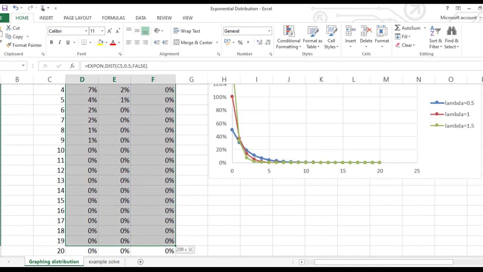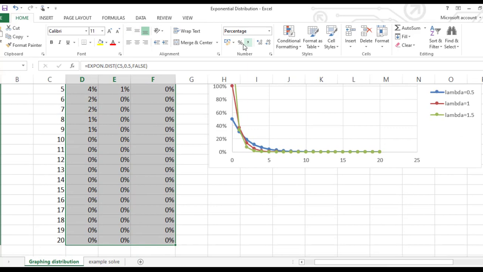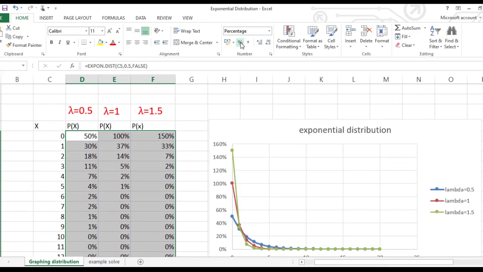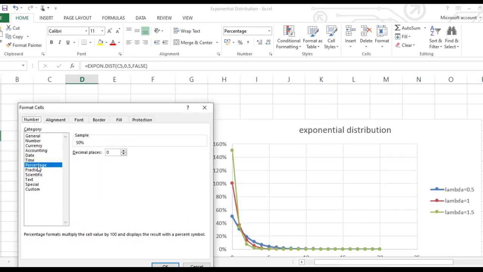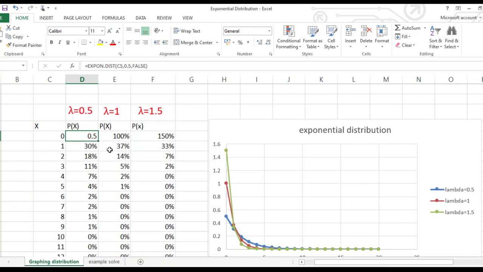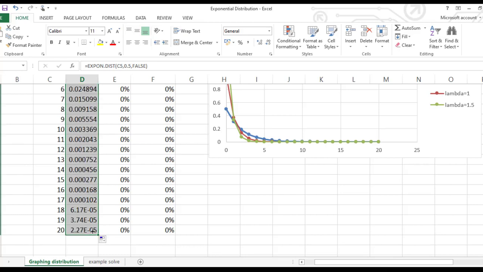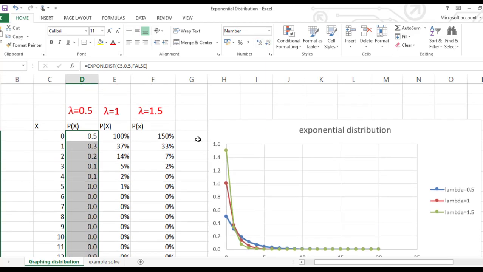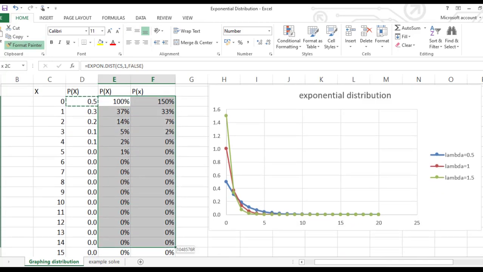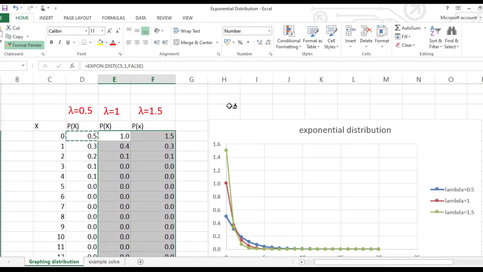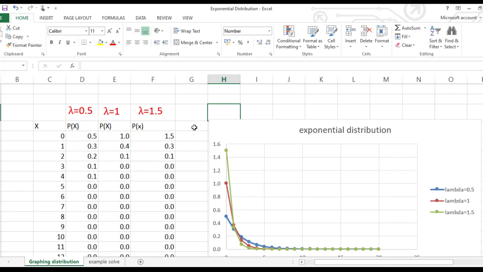Now let me change it to the fraction. Okay, so what I have done, I have just changed the percentage into the fraction using the format cells command.